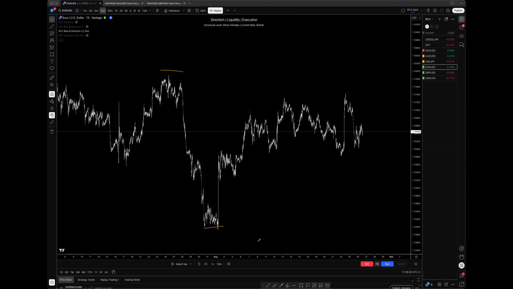That's the range in play. We do have a pullback. We do have solidification of the high, but we didn't break, we swept, right?